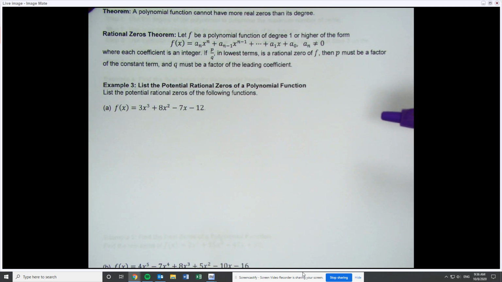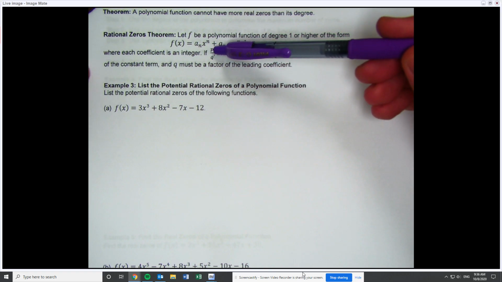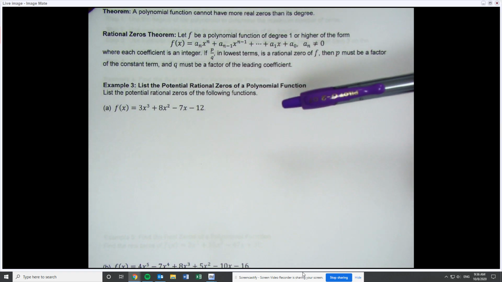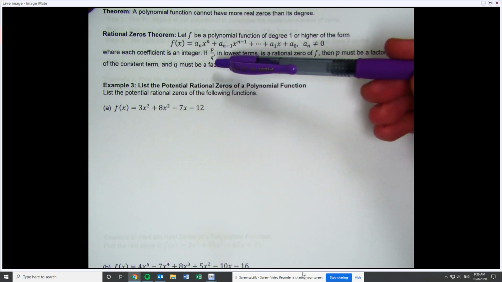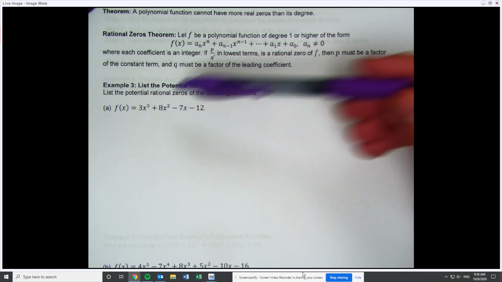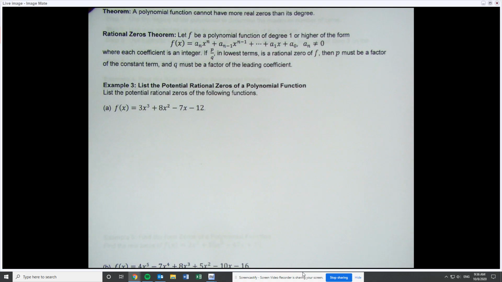What's special about it is the numerator, which here is p, will be a factor of your constant term, and your denominator will be a factor of your leading coefficient. That's what's special. So if your polynomial is going to have a rational zero, then it will be of a certain shape.